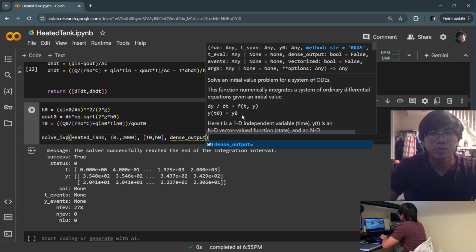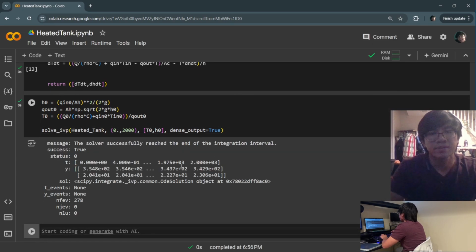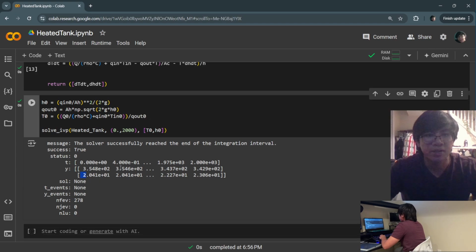We're going to set that to true since it's normally defaulted to false. And because of that, we'll be able to have a solution here. Remember that solution function was not there. If I actually shift entered on this without it, it'll say none.